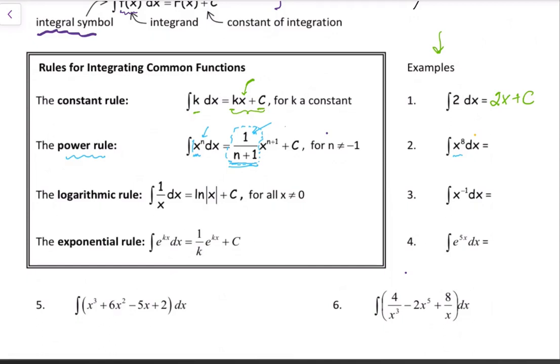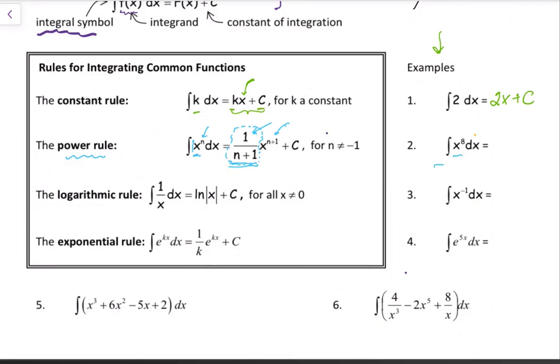And then the new exponent on my variable is going to be the old exponent plus 1. This should make sense, because we're doing the opposite of doing a derivative. When we do a derivative, we're constantly subtracting 1 from our exponent. So if we're going backwards, we're putting that 1 we subtracted back in.